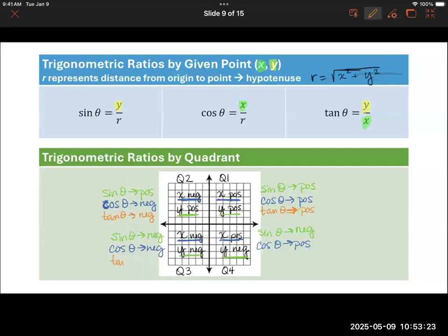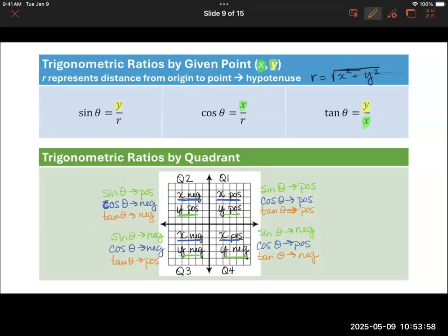In the third quadrant, a negative Y over a negative X actually gives us a positive result. And in the fourth quadrant, a negative Y over a positive X will give us a negative result. Okay, so it's good to be familiar with what you should expect, whether it should be positive or negative, based on the quadrant that the terminal side is in.